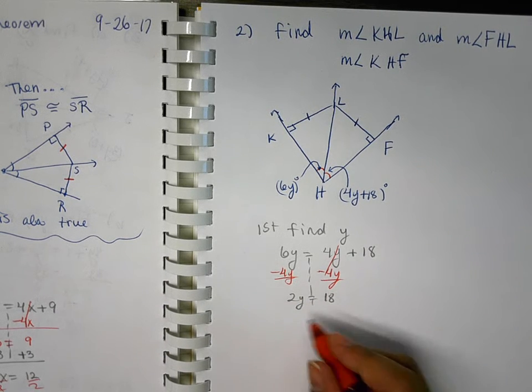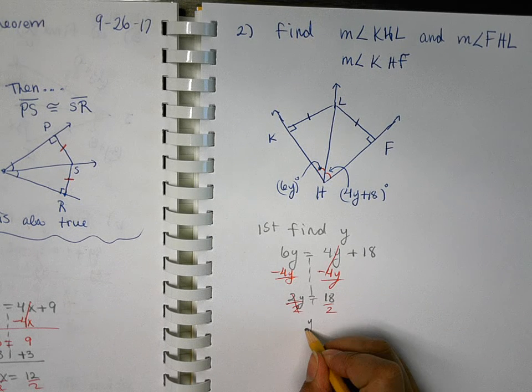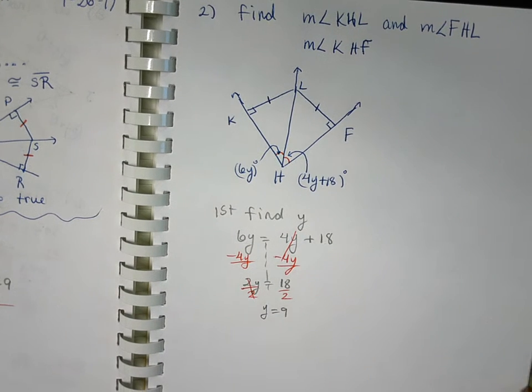All right, what did you get? Y equals 9. Are we done with the problem? Or is 9 going to help us find what we're looking for?